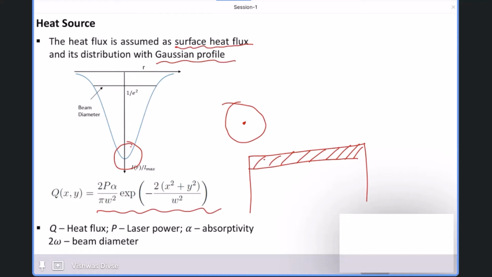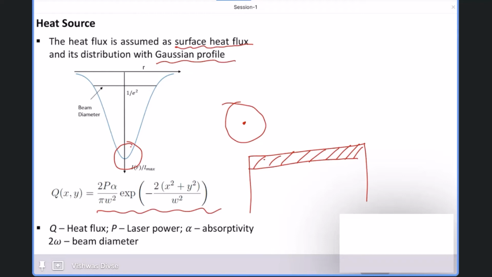So this is the equation for the Gaussian heat source. Let's say if you have a top hat or flat kind of thing, and your machine vendor provided you what kind of equation that laser heat source follows, you can just write that equation in your subroutine. Whatever file I am going to provide you, according to your need, you can customize it.